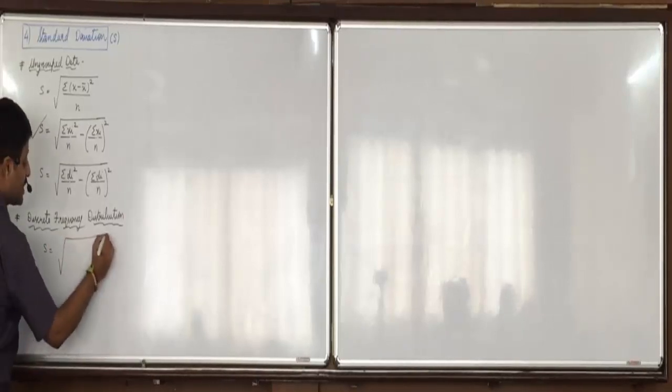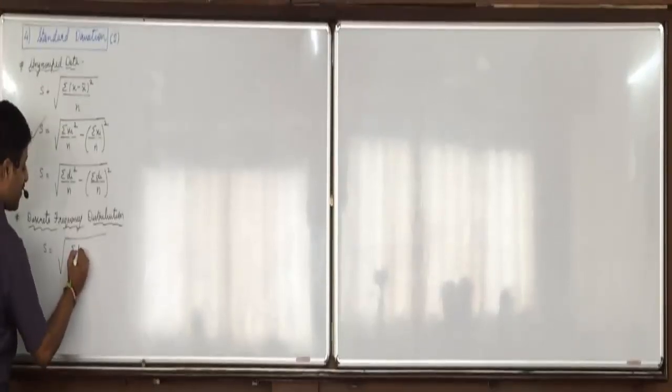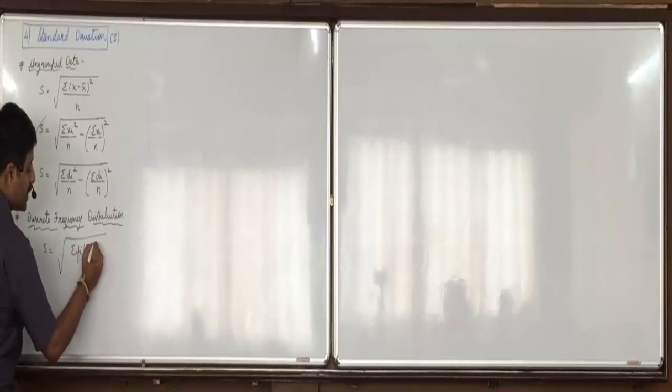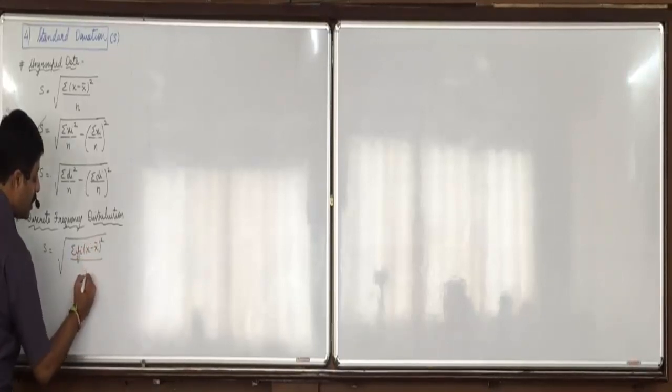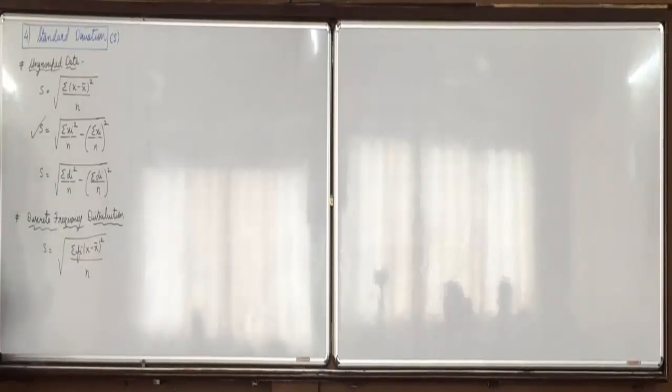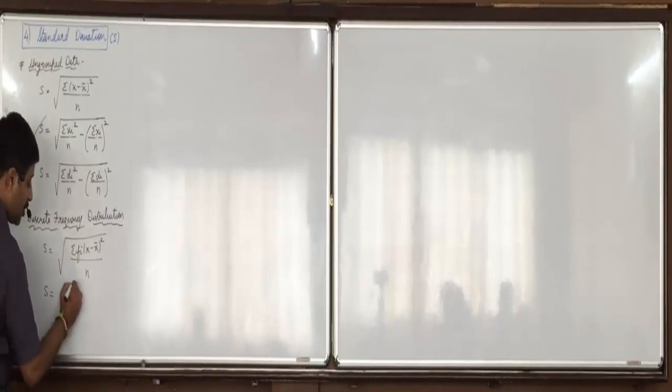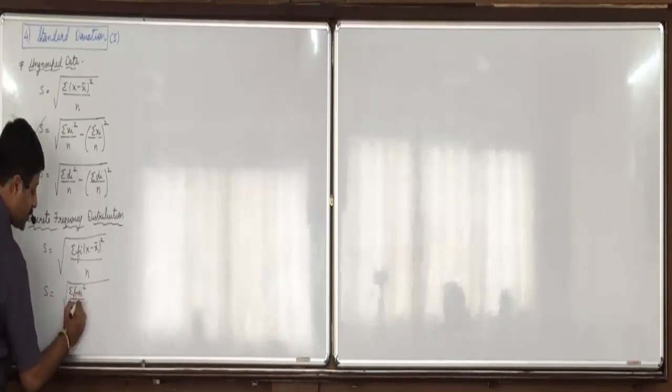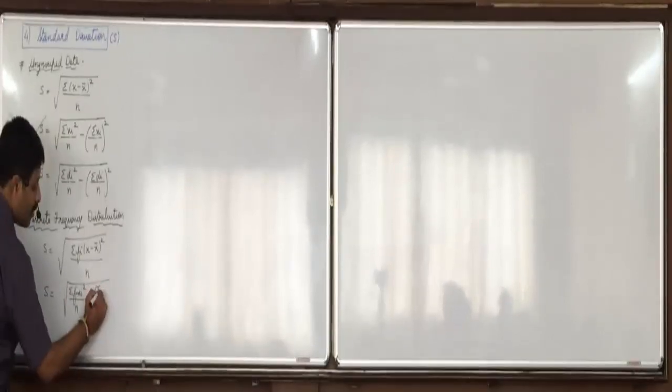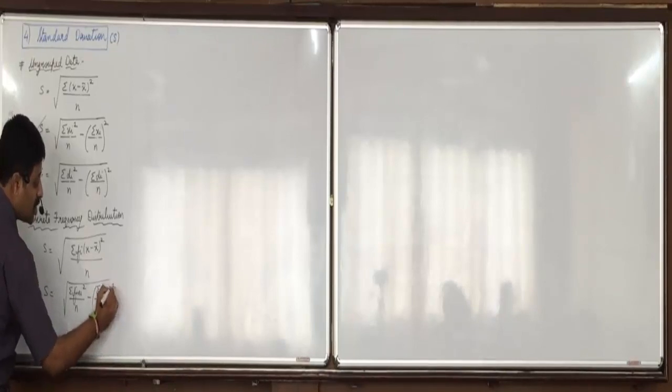First formula is S is square root of sigma Fi (x minus x bar) whole square upon n. Understood that (x minus x bar) whole square gets multiplied with Fi. Second formula is square root of sigma Fi xi square upon n minus (sigma Fi xi upon n) whole square.